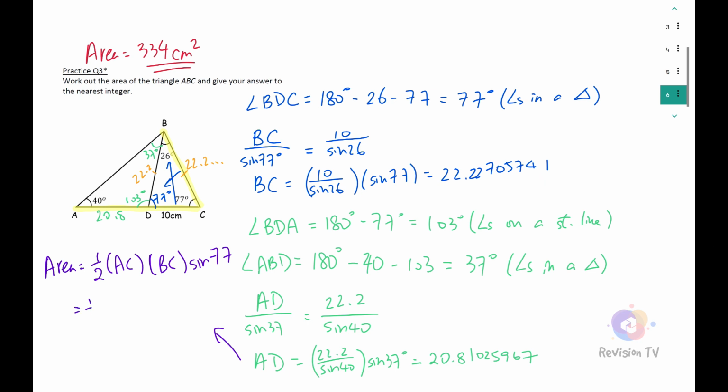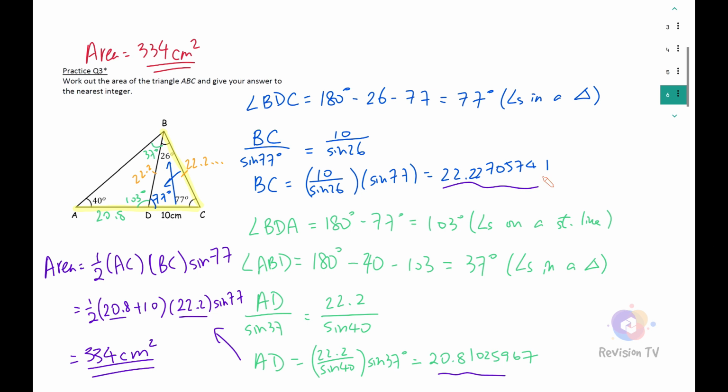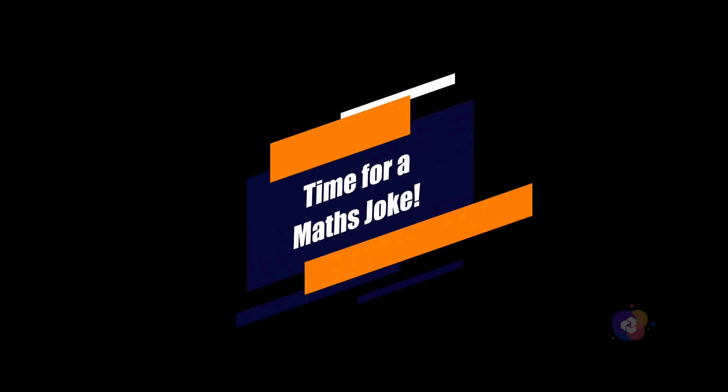So it'll be half of 20.8 plus 10 times BC, 22.2, sine 77 degrees. Now remember, for 20.8 and 22.2, I'm going to use the full value. So once you've got everything, you plug it in the calculator, you will get the answer 334 centimeters squared.